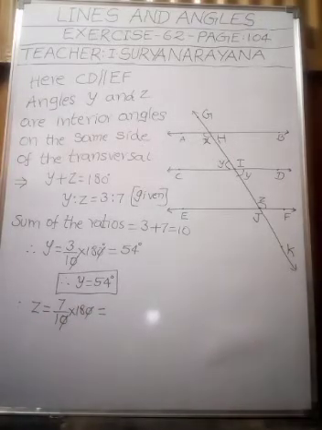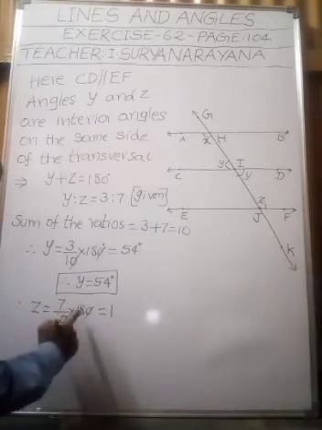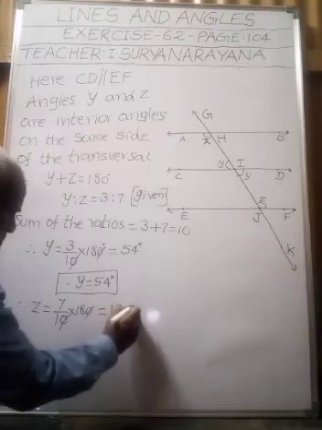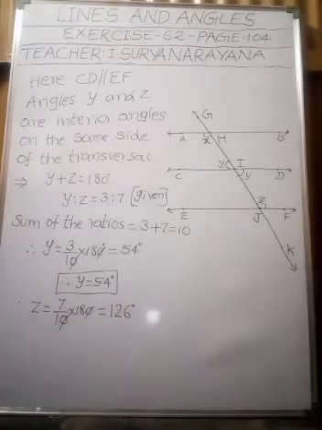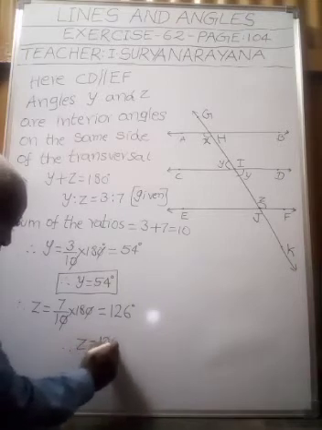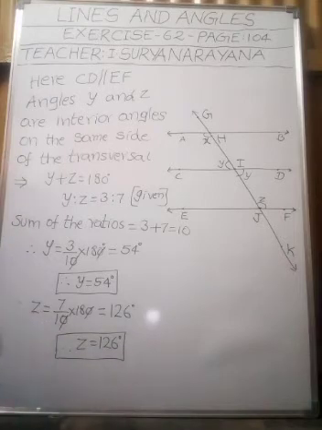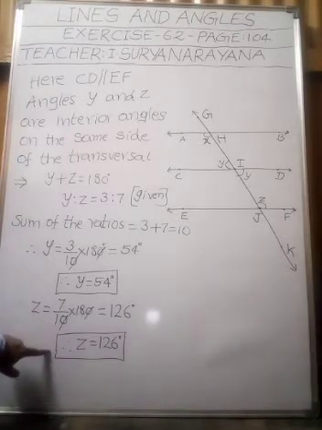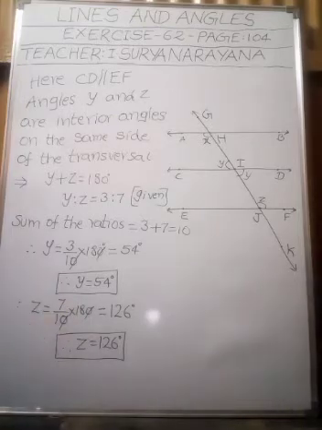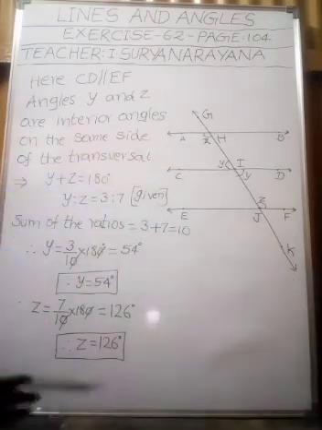What will you get? 126 degrees. Therefore, Z is equal to 126 degrees. We got Y value and Z value also. Now we have to find the X value.